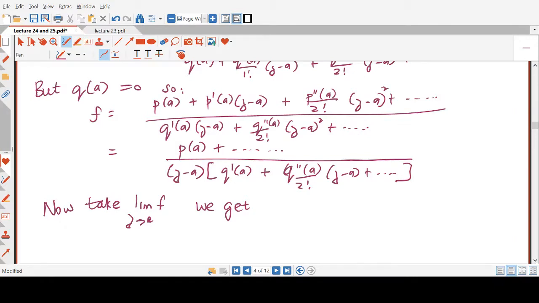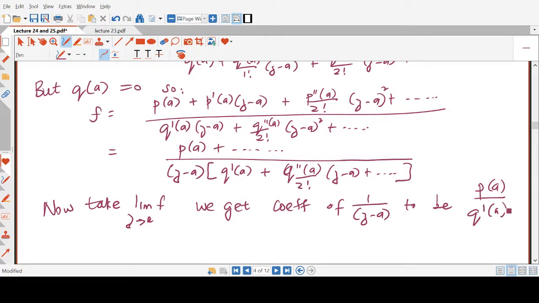We will get the coefficient of 1 over z minus a to be p of a over q dash of a.